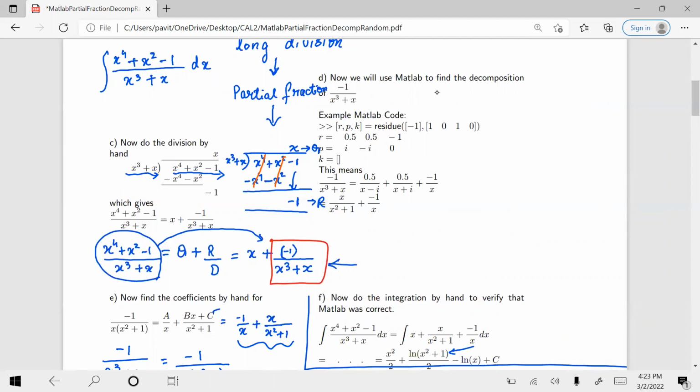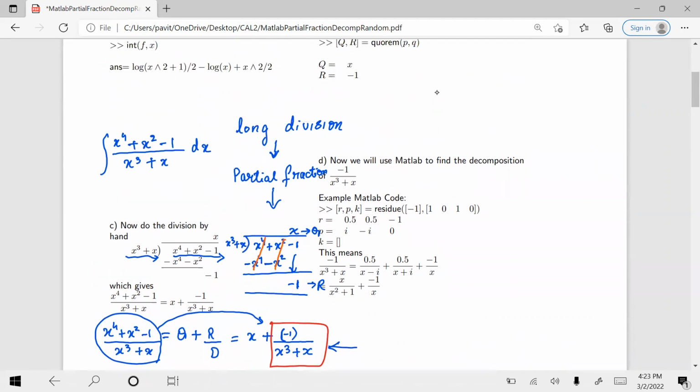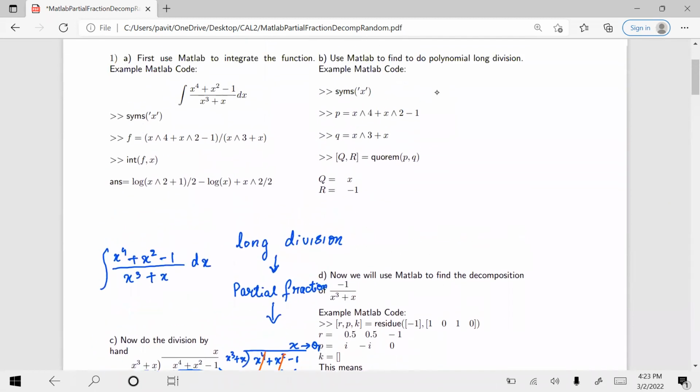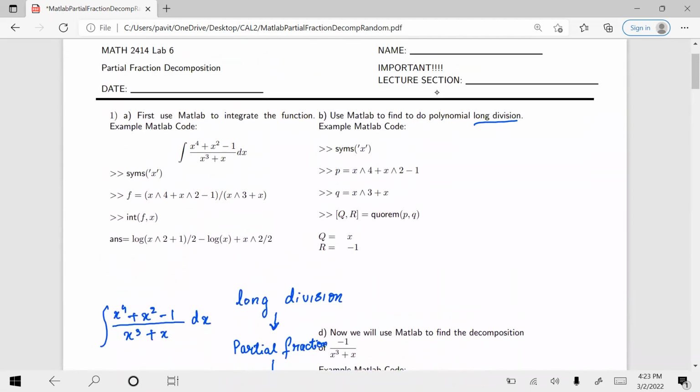And also partial fractions. If you think it is too difficult for you all to do, you can always rely on MATLAB. Now, how do we perform long division and partial fractions in MATLAB?